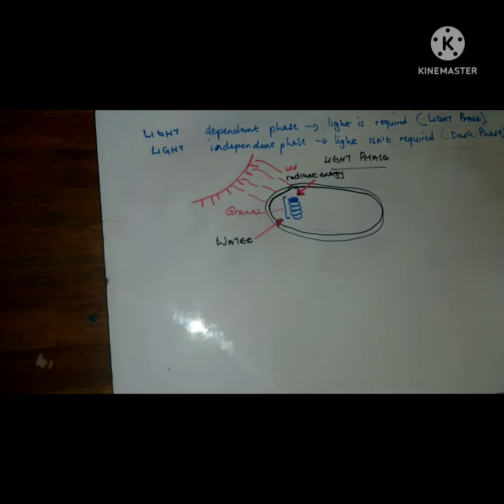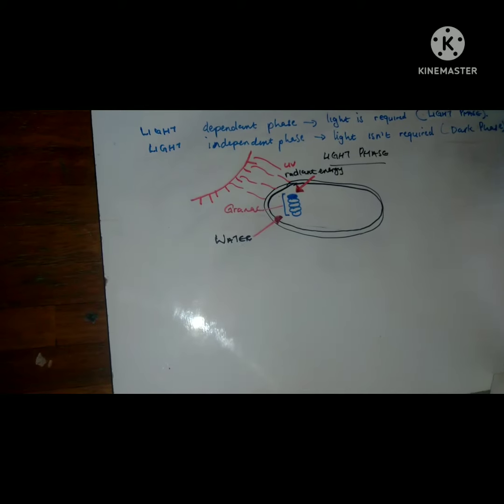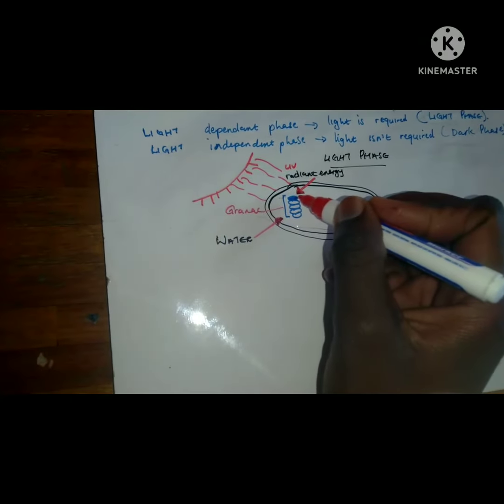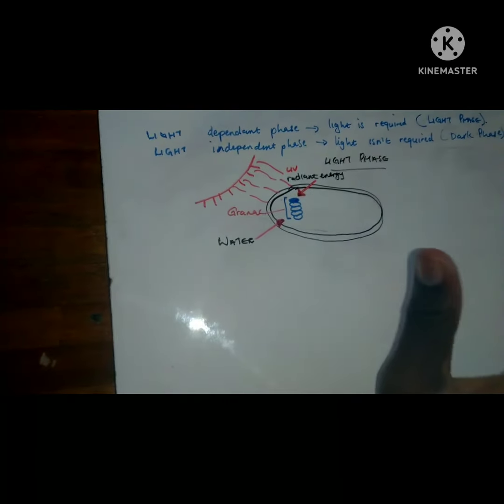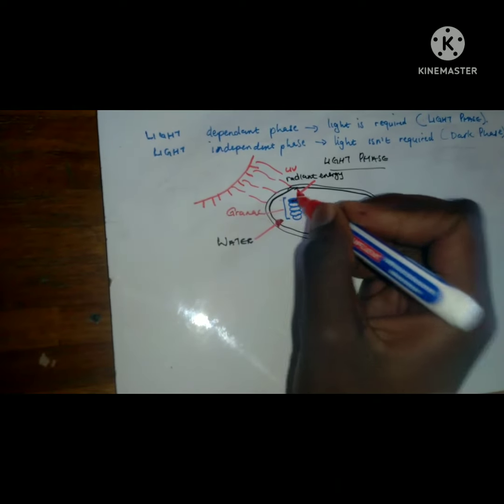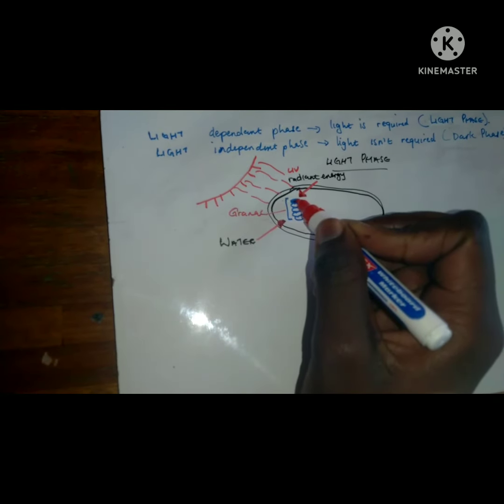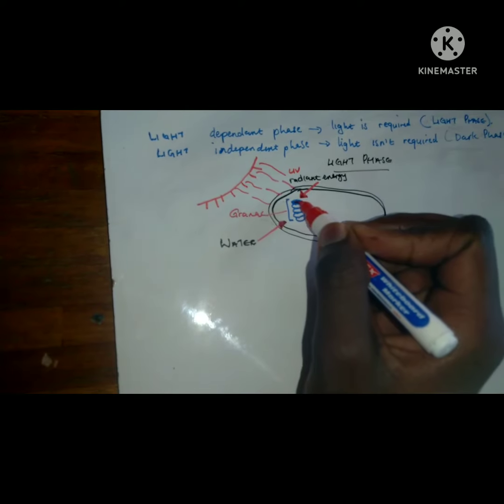So if they were to ask what traps the radiant energy in the chloroplast, you would have to mention the chlorophyll. The chlorophyll is the green pigment which gives the color to a green plant. It's a green pigment which you find in this thylakoid. So because there's chlorophyll here, the radiant energy will be trapped into the grana.